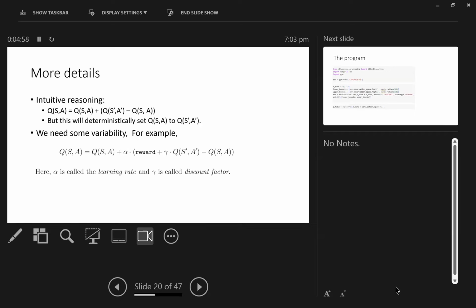In order to do that, it takes one step forward. After using action A on the current state S, you get a new state S prime. Of course you get it, because this is the action you have chosen to take.